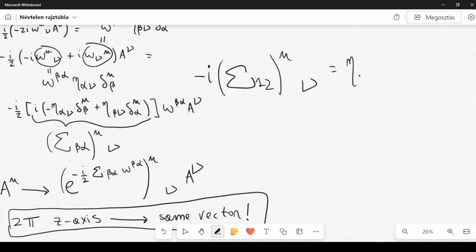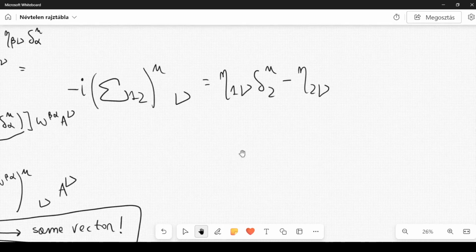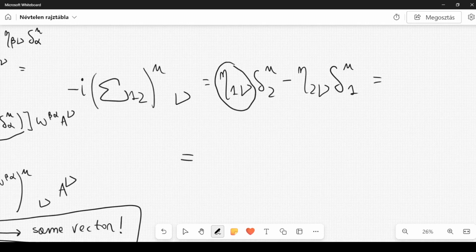So we have eta 1 nu delta mu 2 minus eta nu 2, or 2 nu, which is the same because this is symmetric, delta mu 1. Now, how do we calculate it? We can recast this in a matrix form. In particular, this object here can be thought of as the column vector given by 0, minus 1, 0, 0.